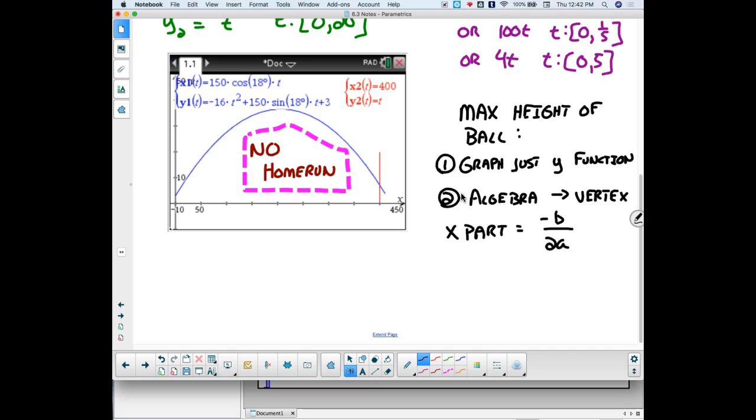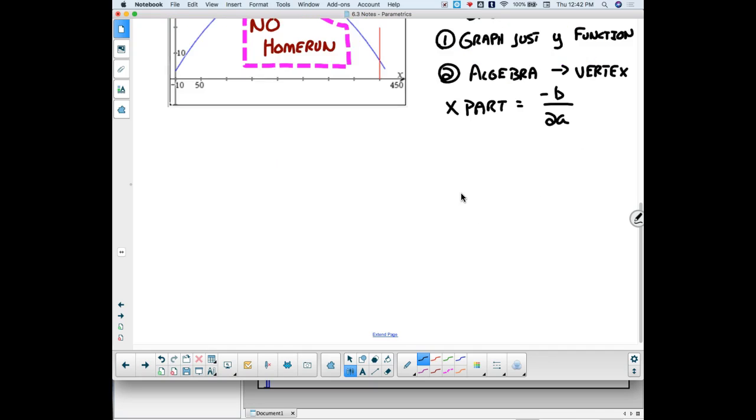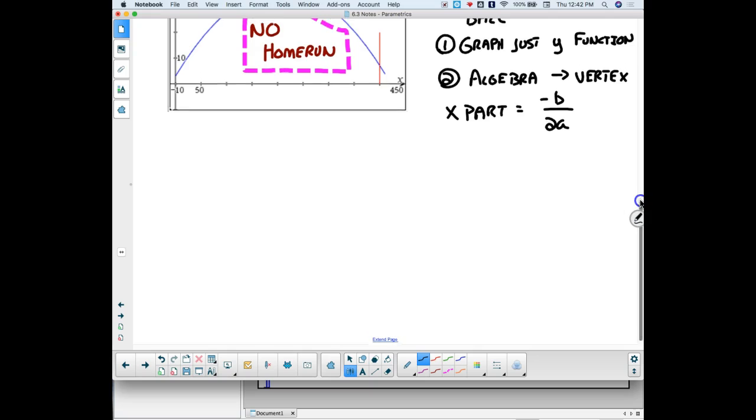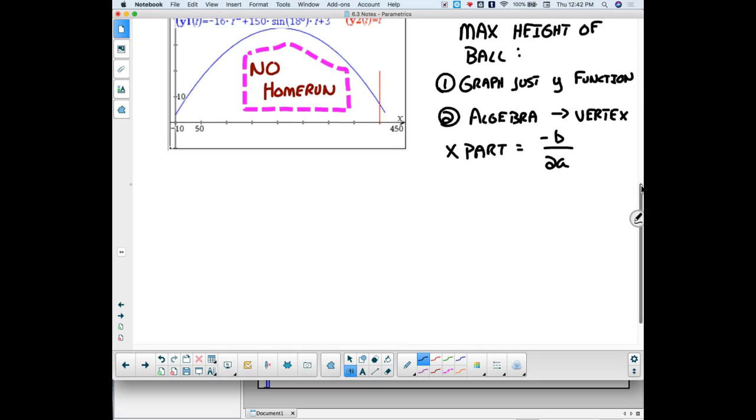Well, in this particular case, the opposite of b here is negative of 150 times the sine of 18 degrees, because that's the b part of my quadratic. 2a is 2 times negative 16.